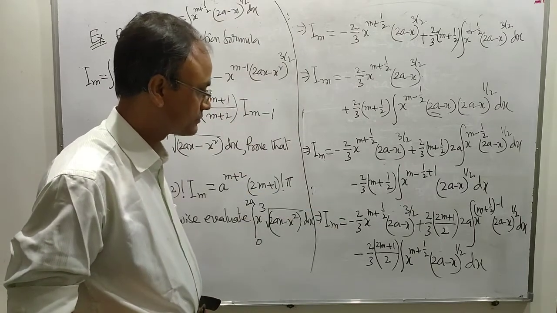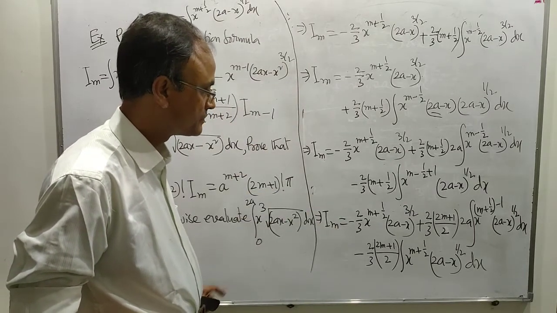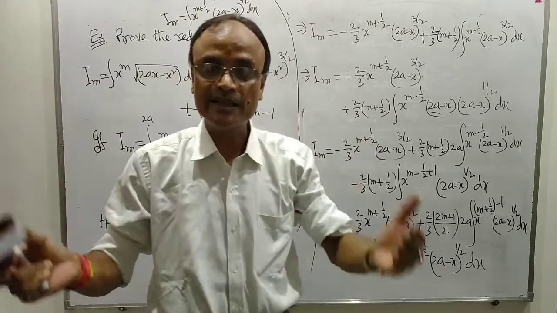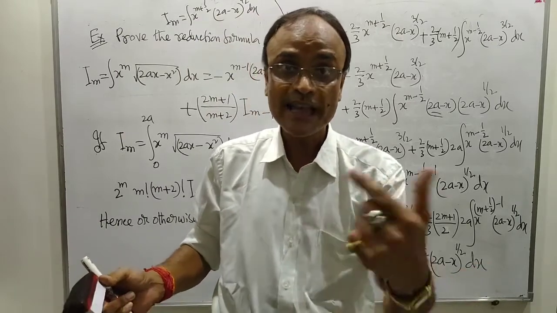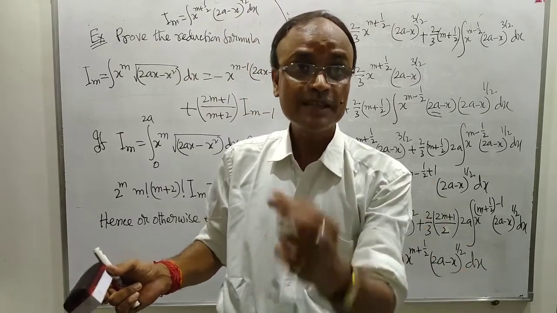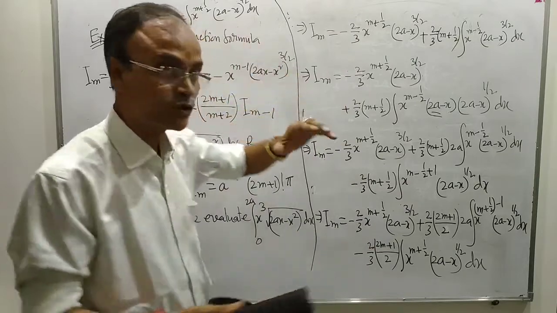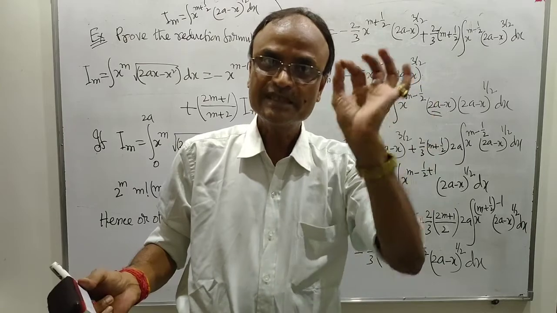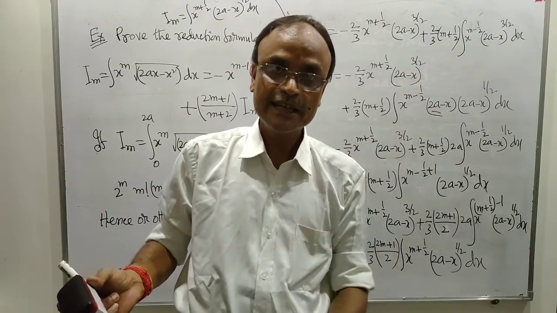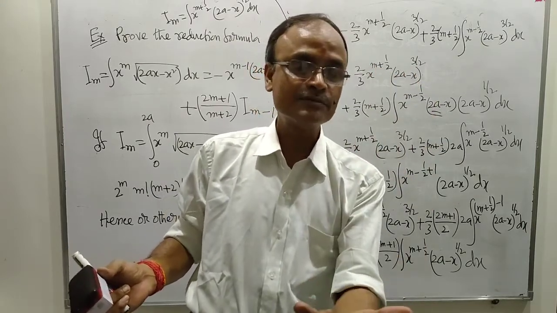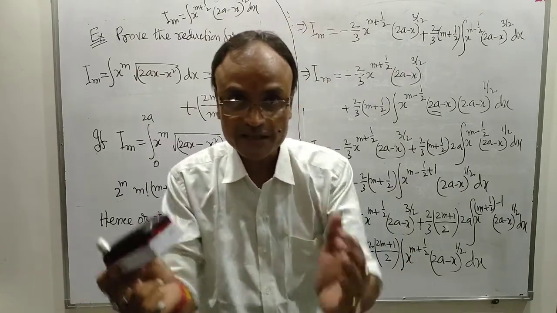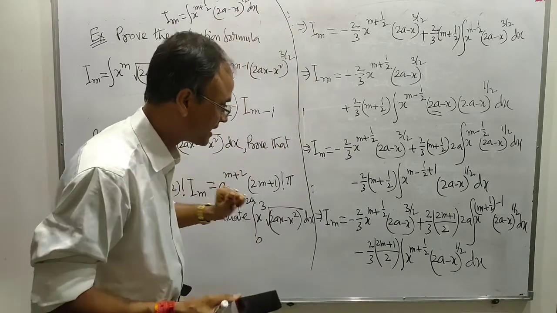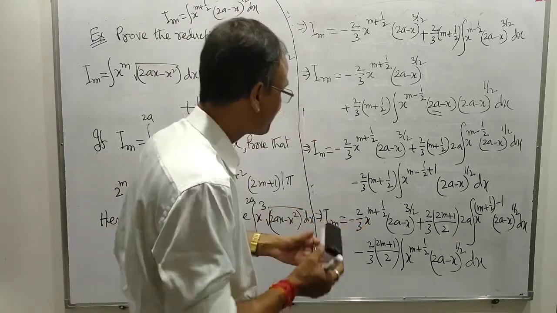Now you see, what is I_m? I_m is equal to the integral of x to the power m plus half into (2a minus x) whole to the power half dx. I_m stands for the integration of x to the power m plus half into root over 2a minus x. You see here, first write this term.